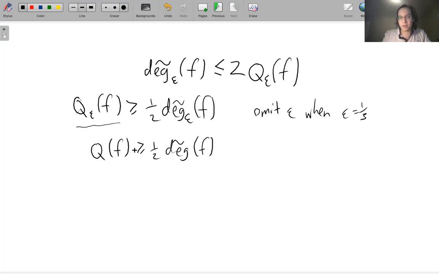And so the next question, I guess, is: okay, that's great, but how are we going to lower bound this approximate degree of f? How do we lower bound the right-hand side? More concretely, we can start with some functions. We can start with parity, say. How do we lower bound the approximate degree of parity on n bits?